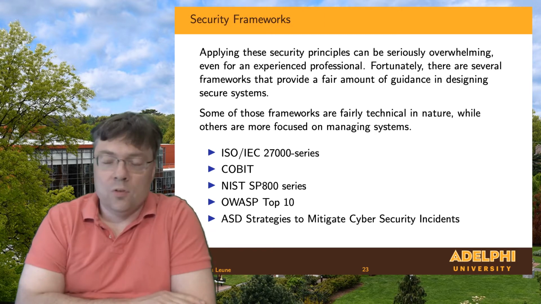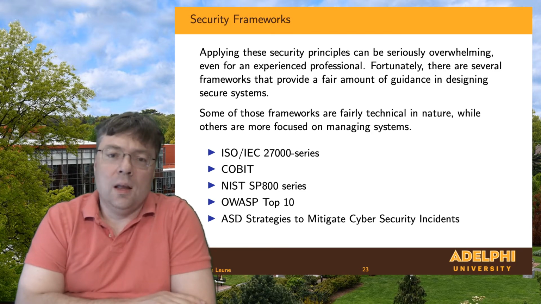There are many. Some of the most well-known ones are the ISO 27000 standards. It's an international standardization effort to come up with an information security management system. There are a lot of different publications in there, and each of those goes step by step on how you would build the organization and manage the organization around defensible systems.